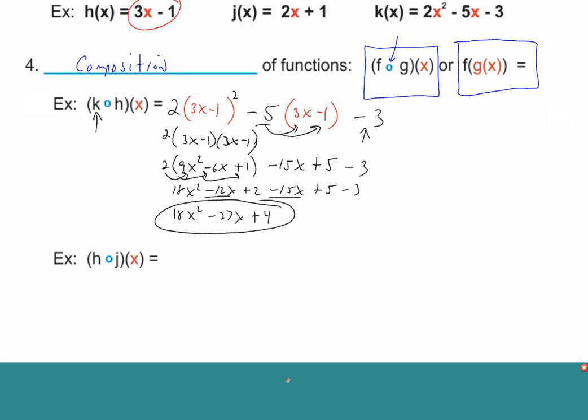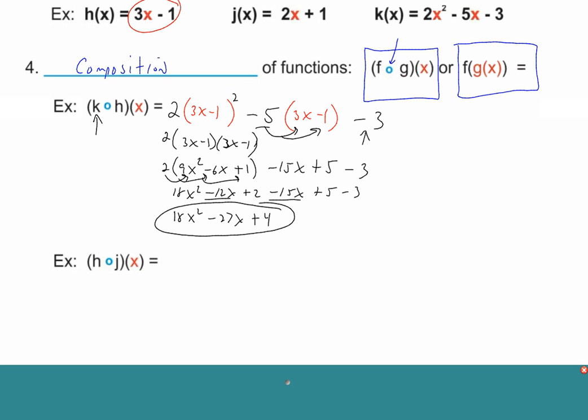Now, sometimes they're easier. Look at the second example. So we're doing h composition j of x. Okay, so you've got to start with the h function. So I start with a 3, and then I get to its variable, and that's where I need the parentheses, and then the minus 1. So again, if you look at h, 3x minus 1, 3 parentheses minus 1. And what do I put in the parentheses?